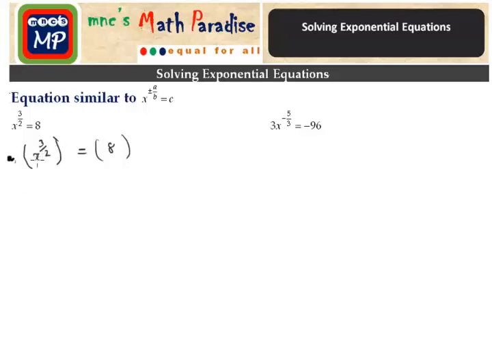So if we put another power 2/3 on both sides, because x to the power 3/2 equals 8 and we need to find only x, we need to get rid of this fraction power.